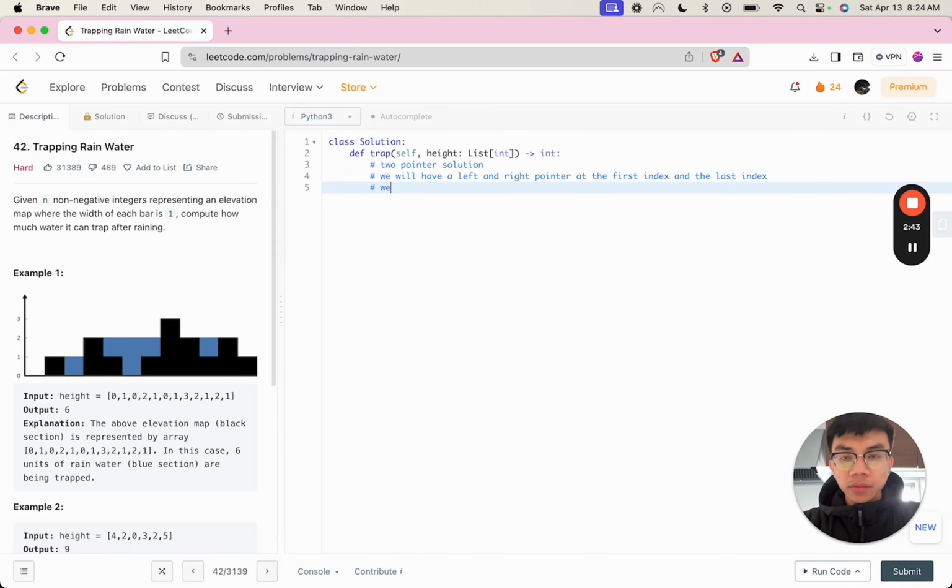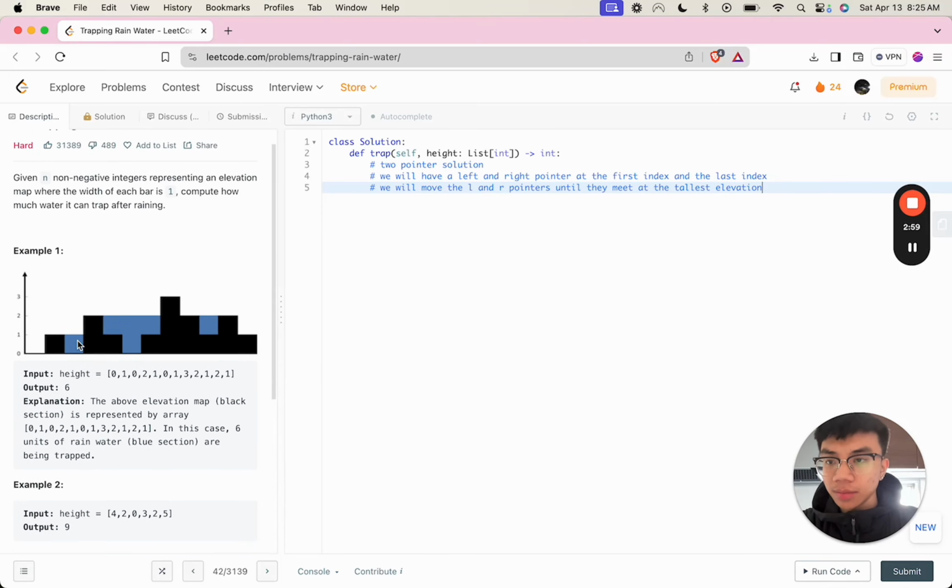And then we will move the left and right pointers until they meet at the tallest elevation. So if we look at example 1, we will have the left index right here and the right index right here, and we will move both indexes until they meet at the tallest elevation, which is this one right here.